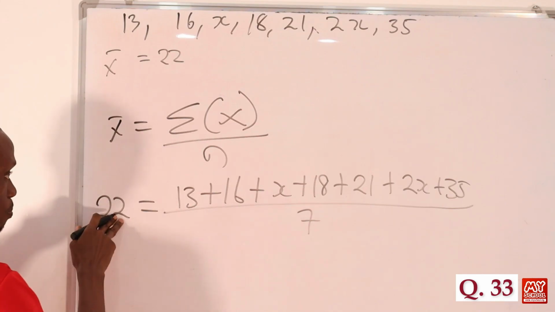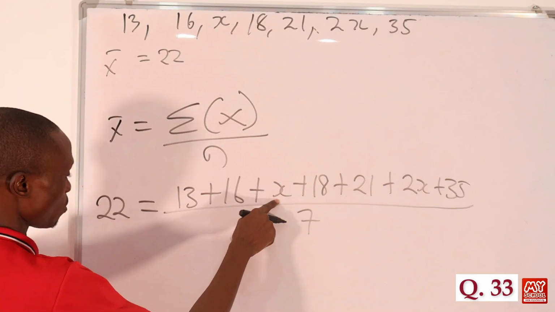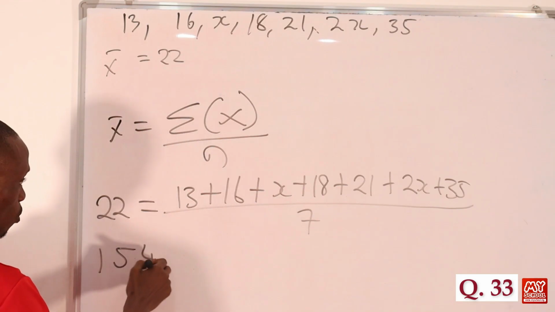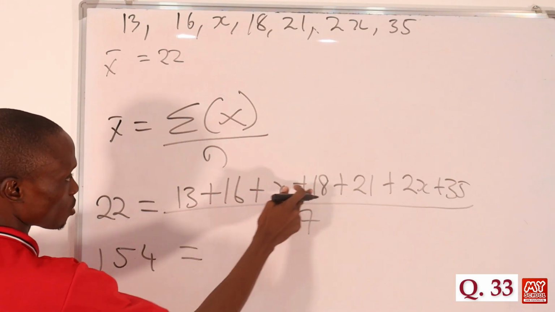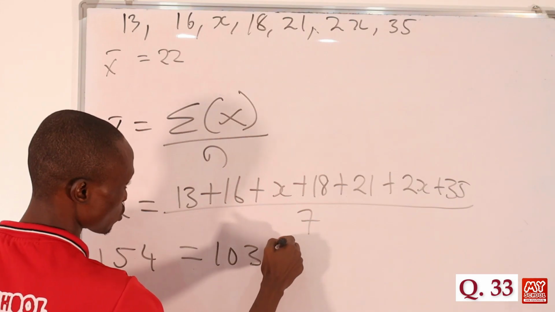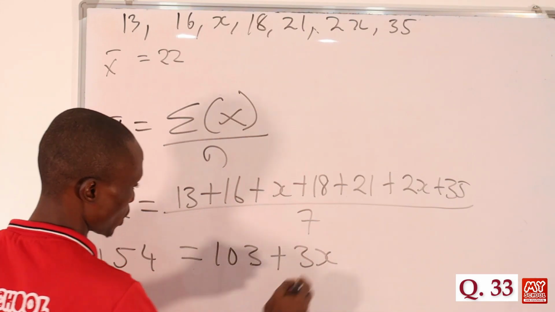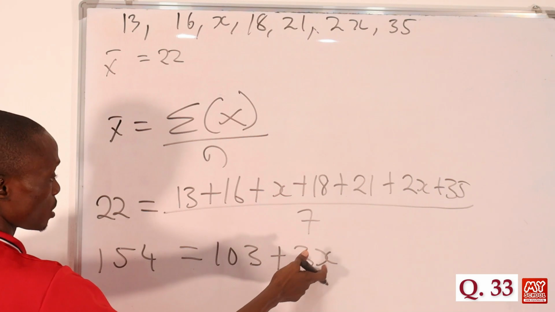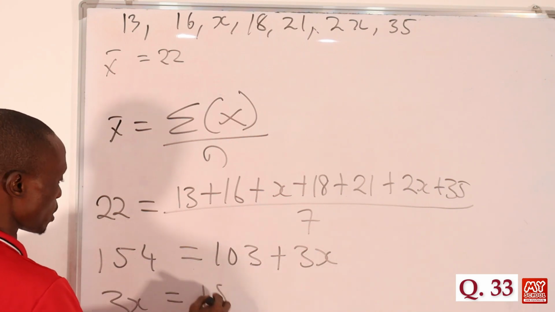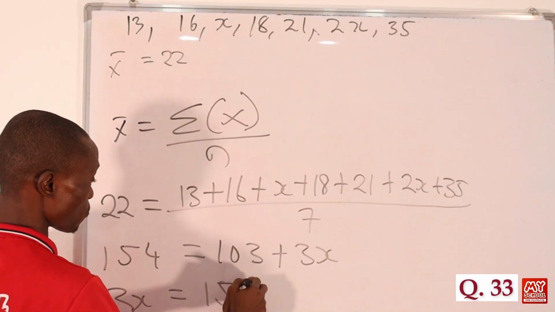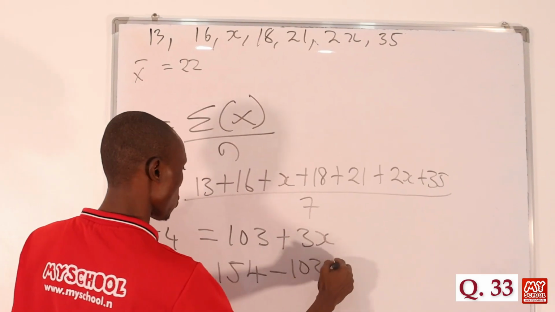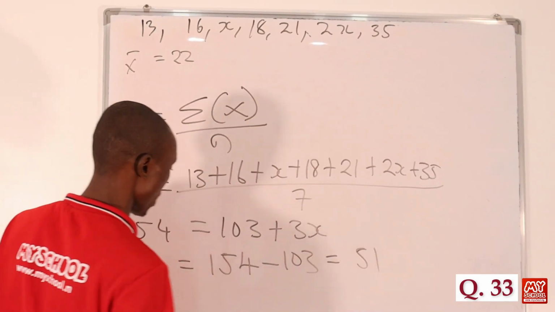So we simply cross multiply since we are looking for the value of x. So if we cross multiply, we have 154 equal to, now if we add all these values together, we'll be having 103, then plus 3x. Okay, so we simply make 3x the subject of formula. So here we'll be having 3x equal to 154 minus 103. Okay, and that will be equal to 51, right?